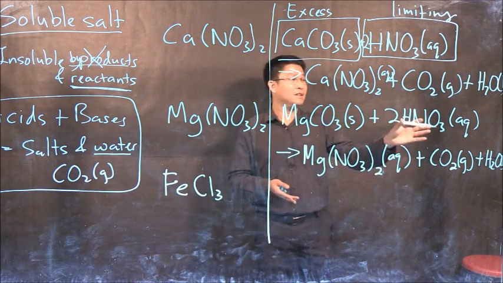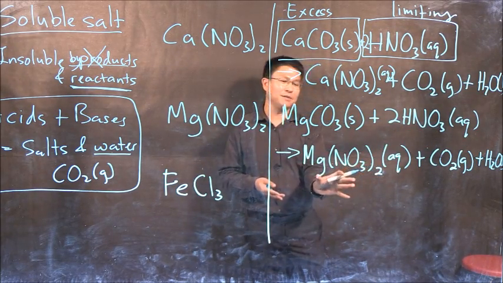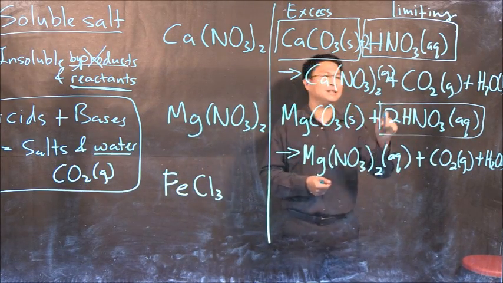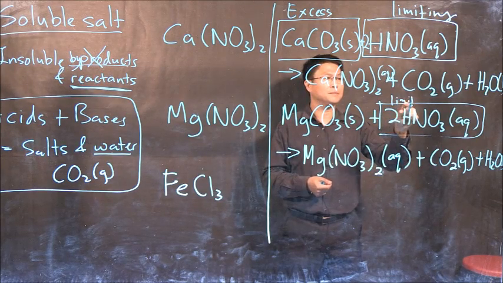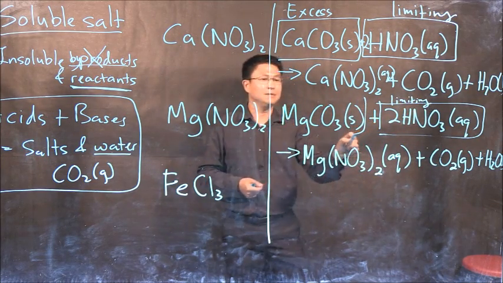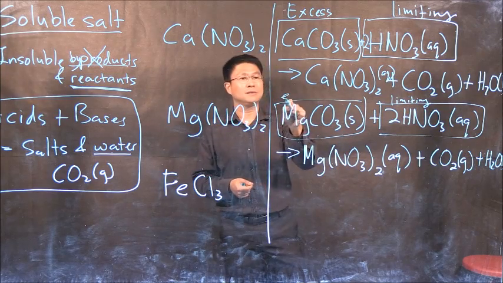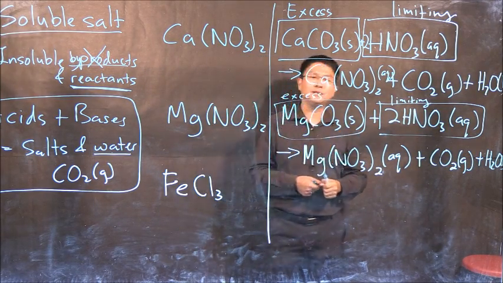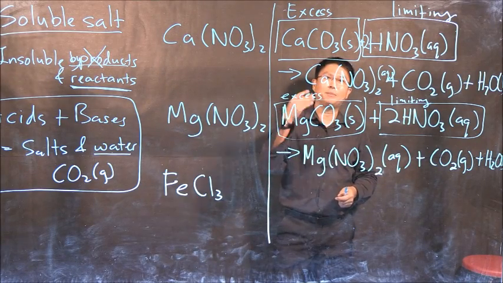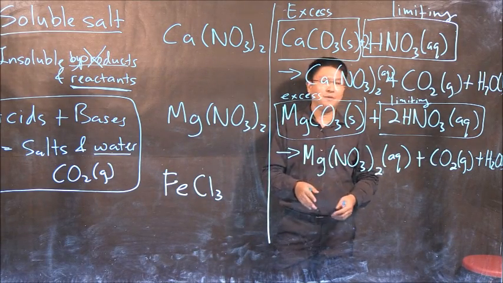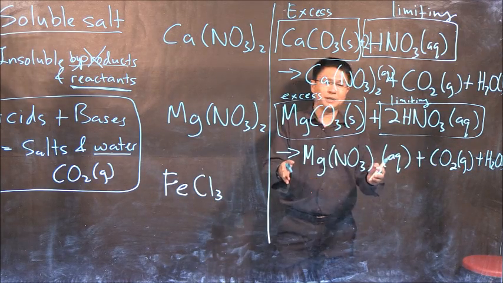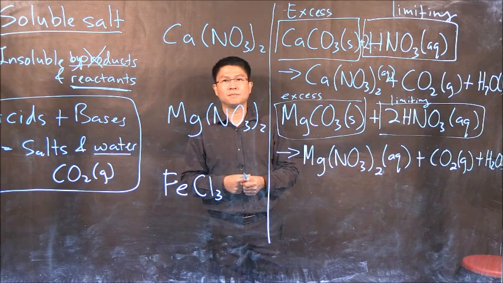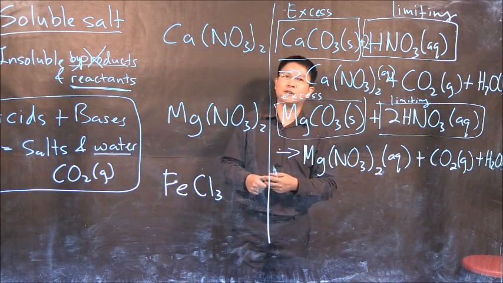Again, we see that the nitric acid is in the same medium as magnesium nitrate. Therefore, we have to make sure that the nitric acid is limiting and magnesium carbonate is in excess. After completing our reaction, we first filter away magnesium carbonate, which is in excess, and then we evaporate the water to obtain the magnesium nitrate which we want. Please try to do iron trichloride by yourself.